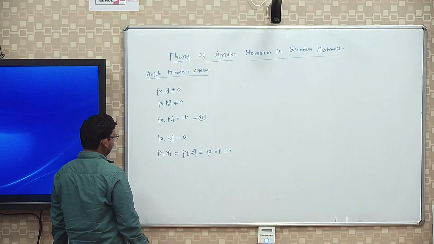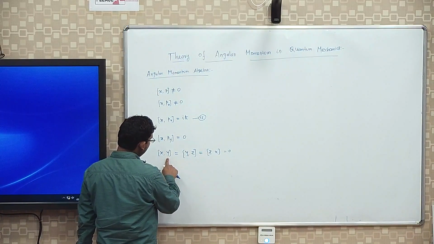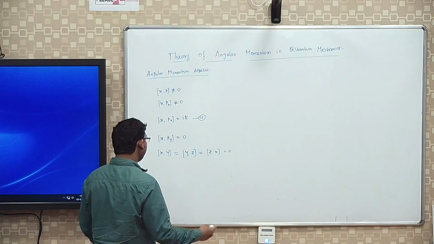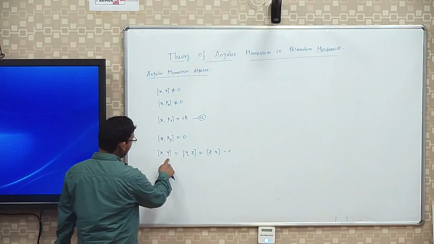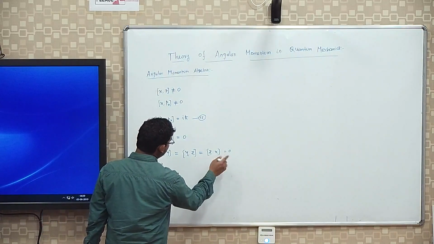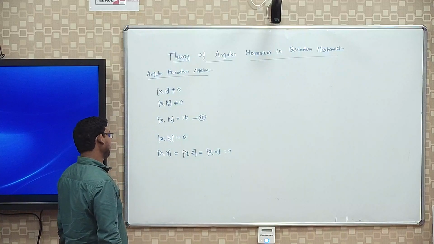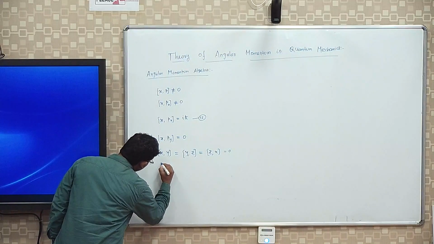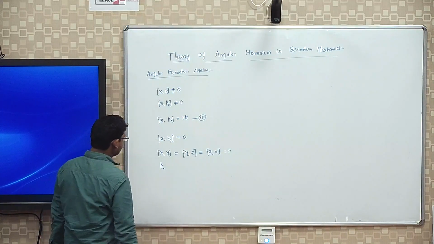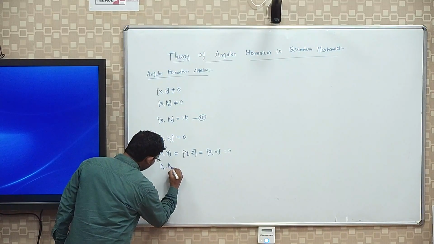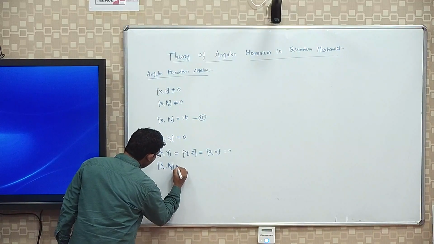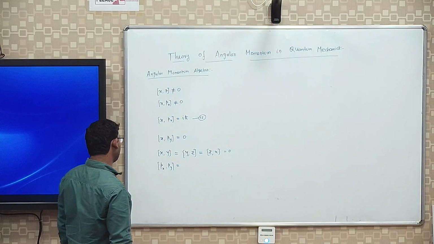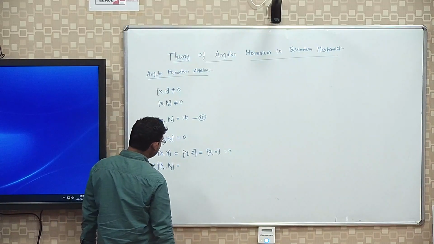Position of the particle in any two components, say x and y, or y and z, or z and x, can be measured precisely. Similarly, the momentum of the particle in any two components can be measured simultaneously.